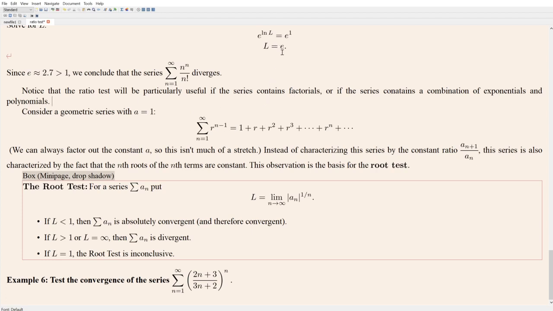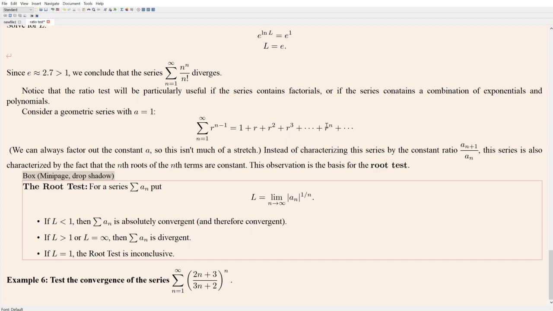So, how is this series characterized? Well, if you take the first root of this term, you get r. If you take the second root of this term, you get r. If you take the third root of this term, you get r. And so on.